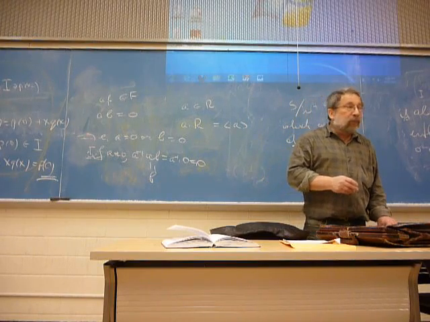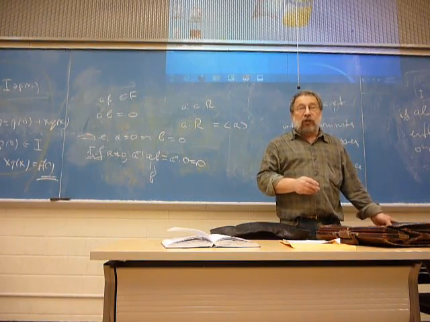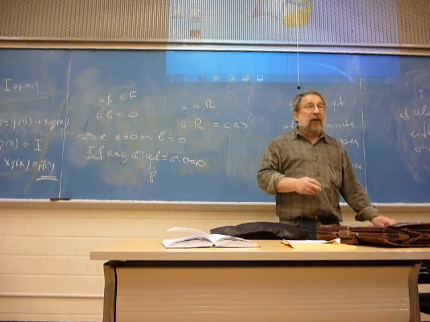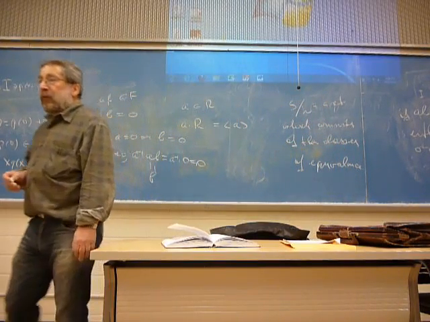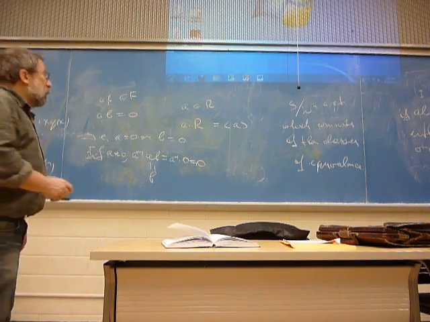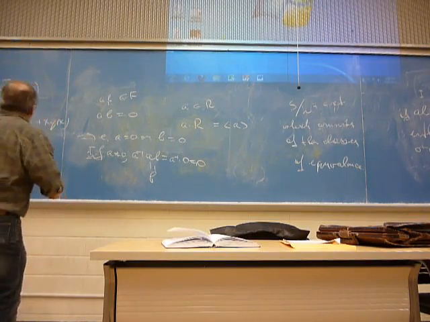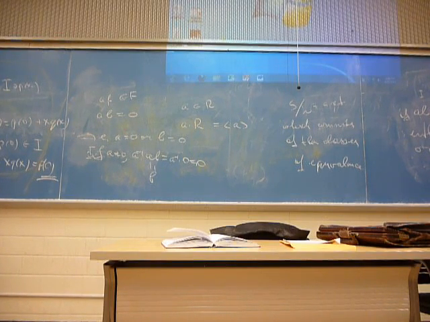The claim is that this necessary condition is also sufficient. That is, any integral domain can be embedded in a field. And after that, we had a rather tedious proof of it.